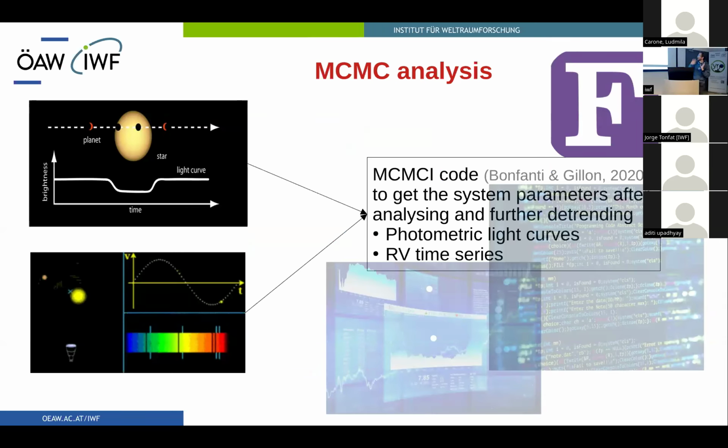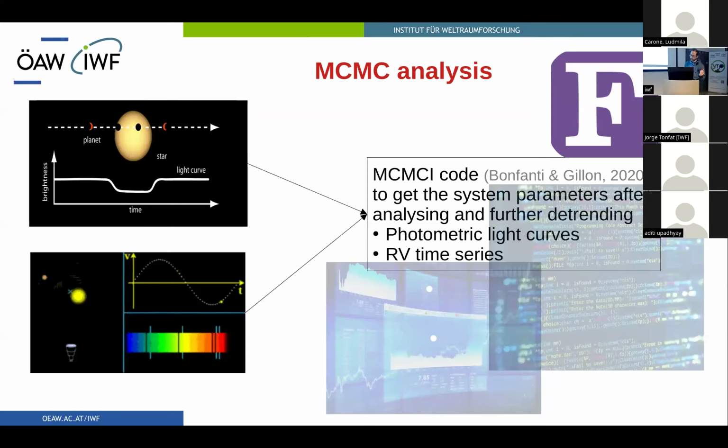Once I clarified that, the idea was to detrend the CHEOPS light curve against the roll angle. Then I put all the light curves coming from the facilities I mentioned before and all the radial velocities from all the spectrographs I mentioned before into a very giant code, the MCMC code that they developed together with Michael Gillon in 2020, where the goal is to get the system parameters of the exoplanets while analyzing and detrending all the data in an MCMC fashion.